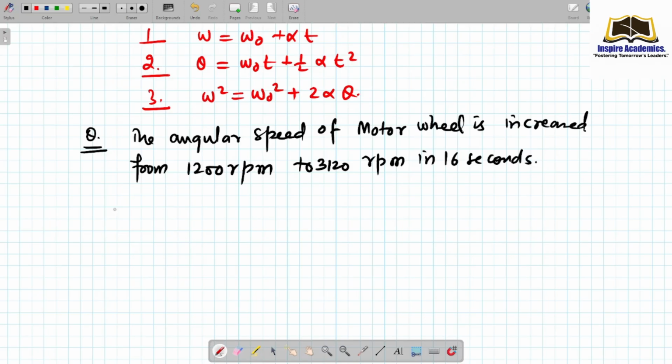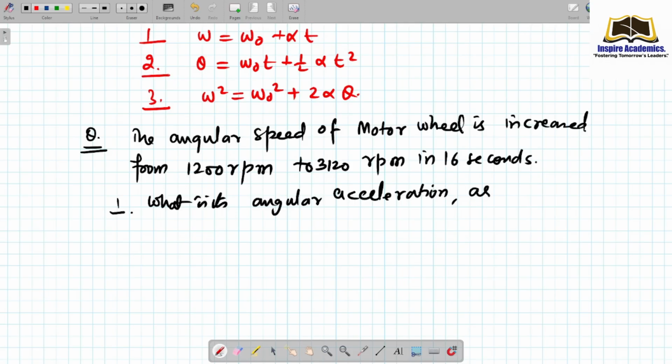Number 1, what is its angular acceleration, assuming the acceleration to be uniform?